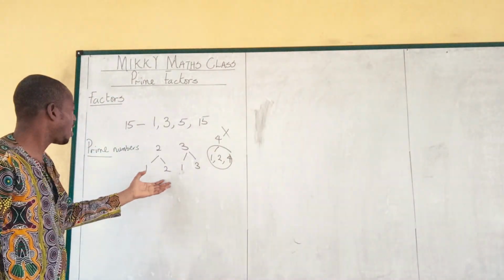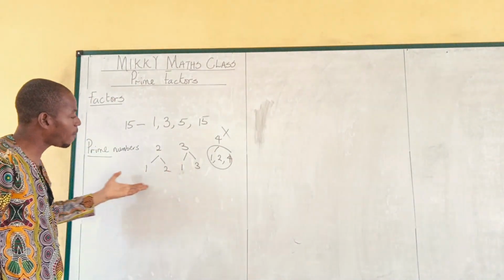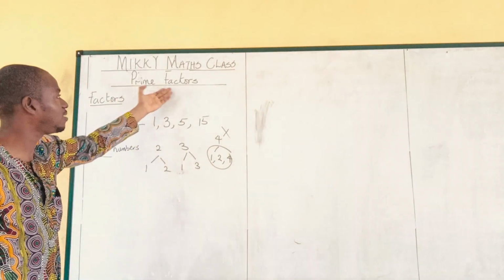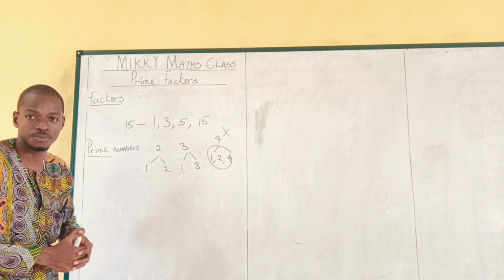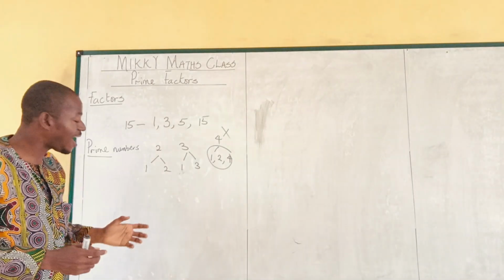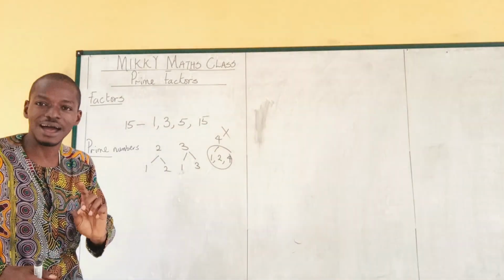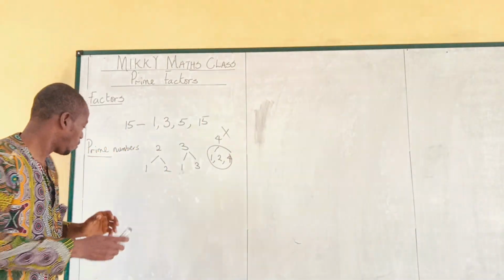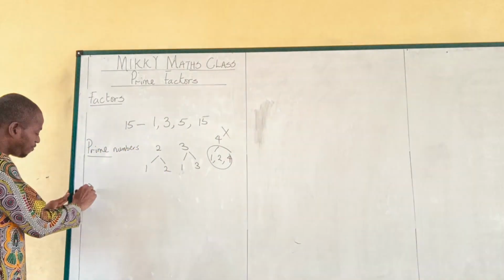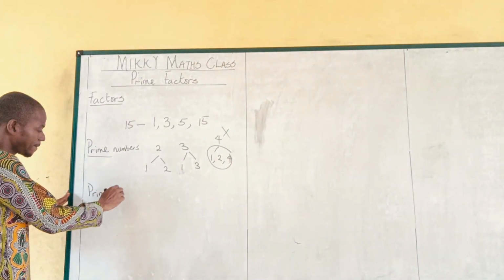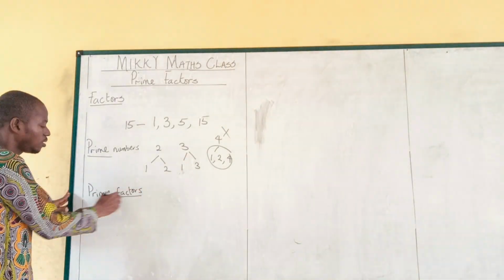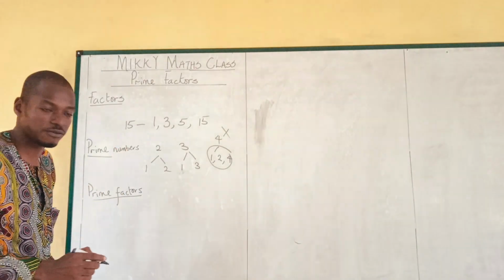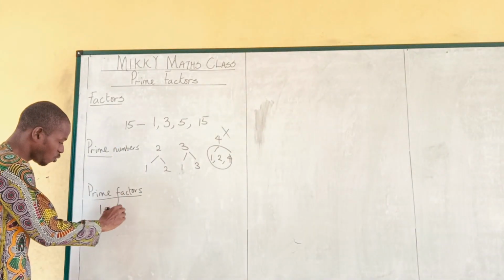Now the next thing, having had an understanding of what prime numbers are and what factors are, now let us examine prime factors. Prime factors are the factors of a number that are prime numbers. What do I mean? For example, I can be asked to list the factors of 12.